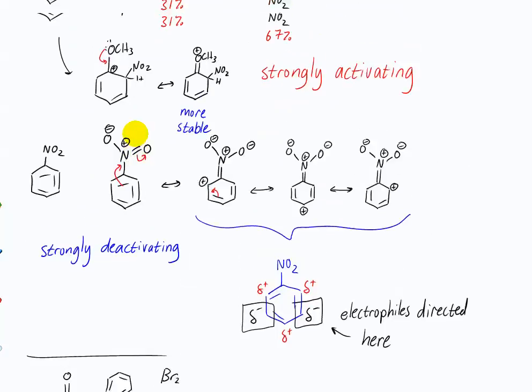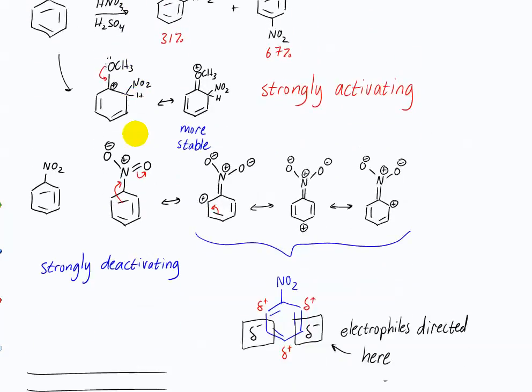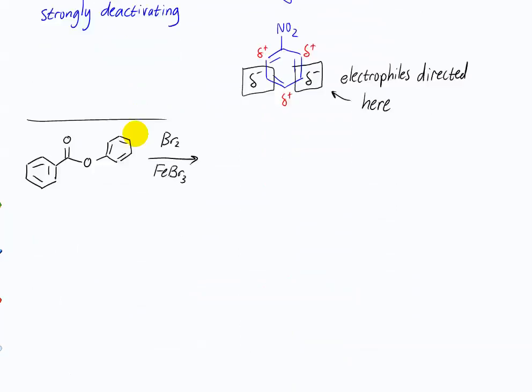Yeah, let's go back up and check it out. Well, okay, let's just draw it. I don't know where it was up there. So we can draw resonance here, something like that.